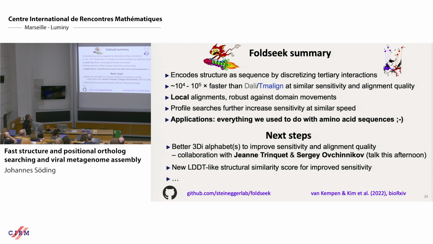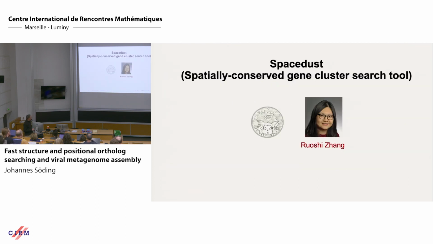And we're also working on developing a better structure similarity score that will help us rank or re-rank the structures. So basically, we want to use not only the information from the nearest neighborhood, we want to use the whole structure, the whole structural alignment to get a better ranking. And then there are, of course, other things that we are working on.